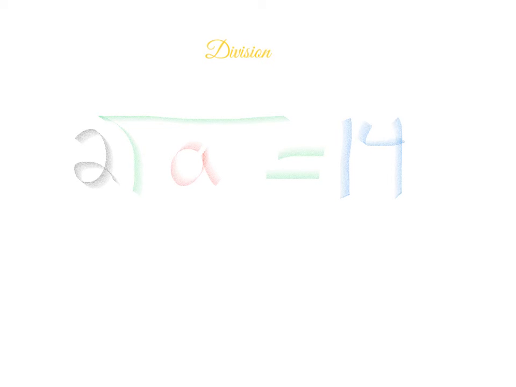So because we divide, we need to do the opposite, which is times. So we go 2 times 2 and times 2 over here.